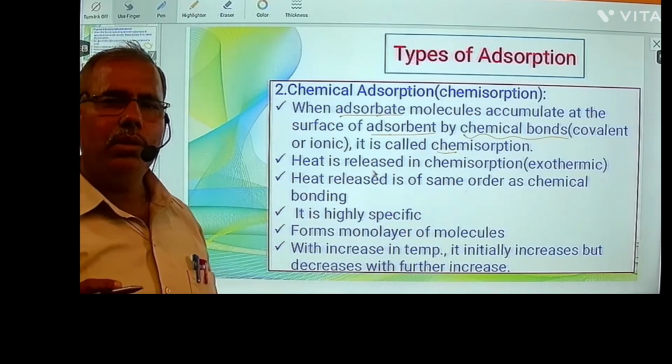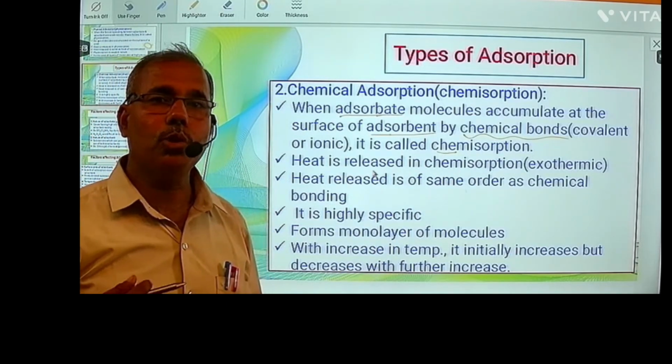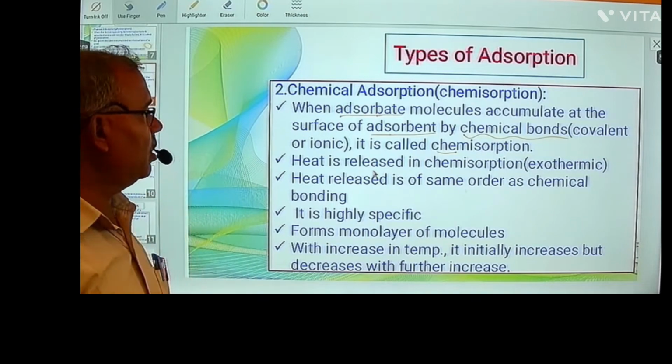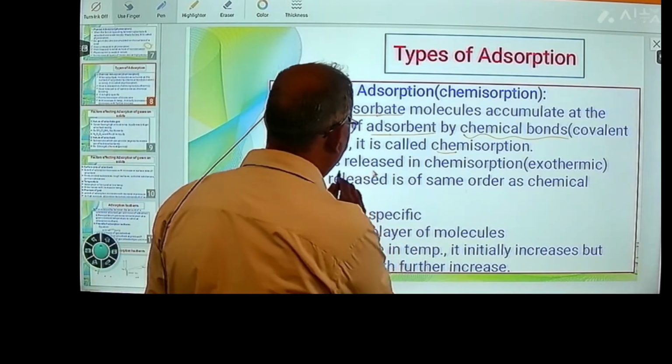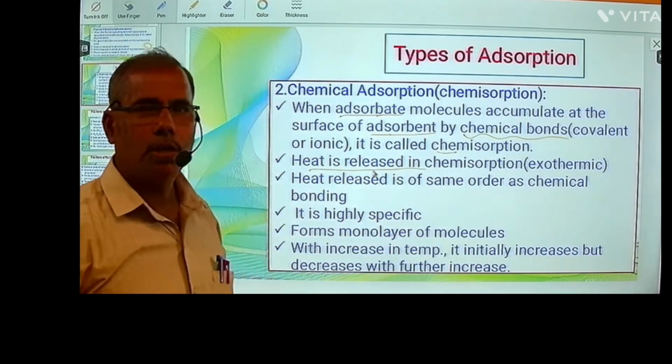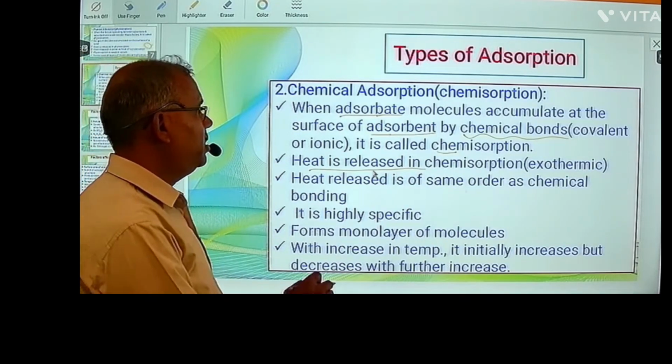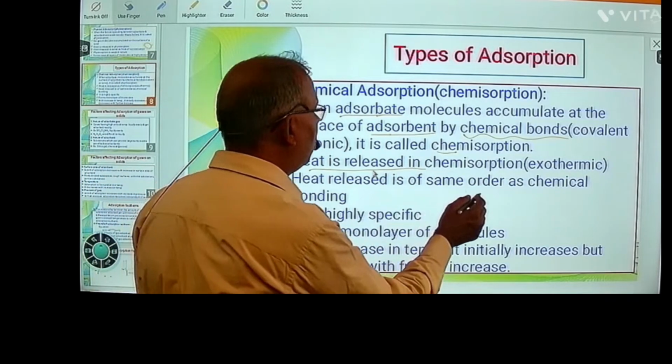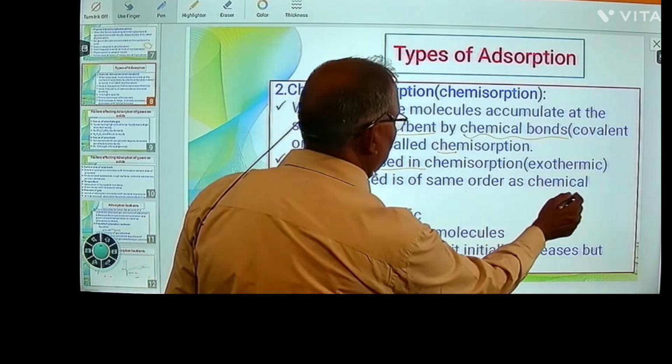Now this type of adsorption is also exothermic. So chemisorption is also exothermic, that is heat is released in the chemisorption also. Heat released is of the same order as chemical bonding.